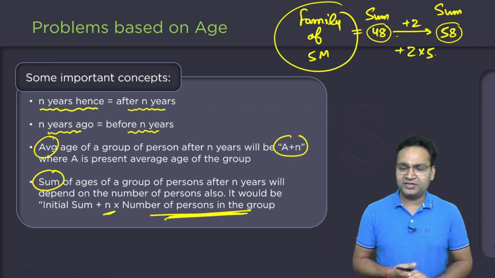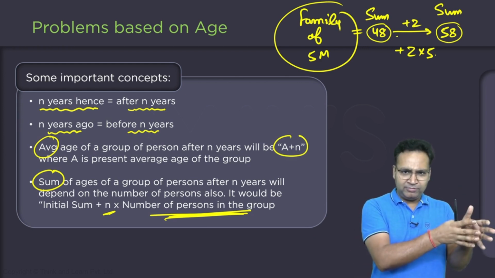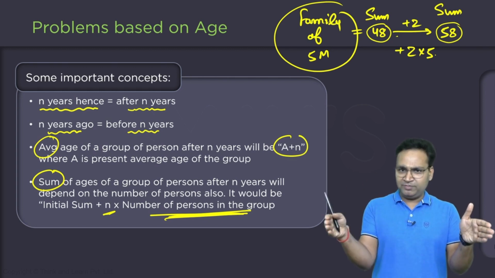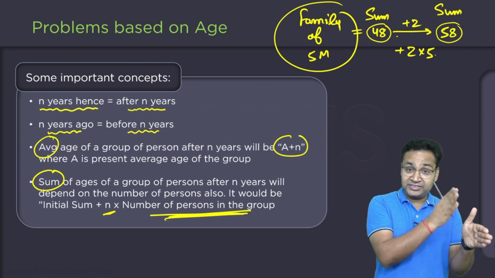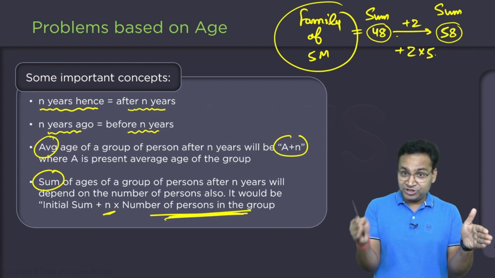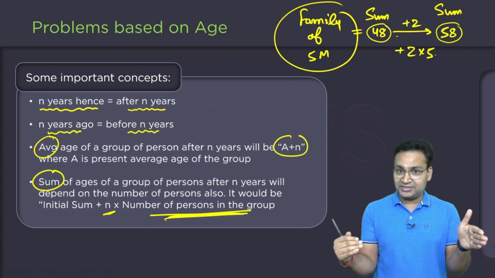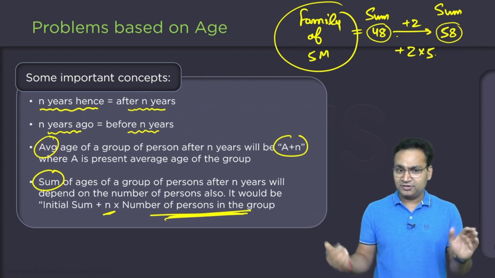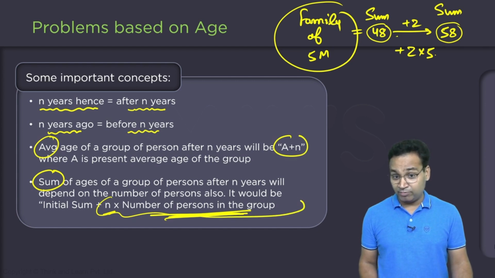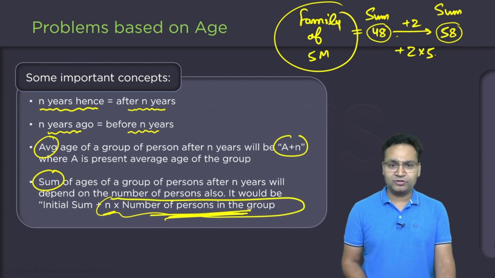We cannot predict that. But if I am simply talking about the same group of members, average age will be plus and minus the number of years. Same group of members, same number of members, summation will be plus and minus n into the number of persons. Right? So remember, this is really important so that you never do it wrong.